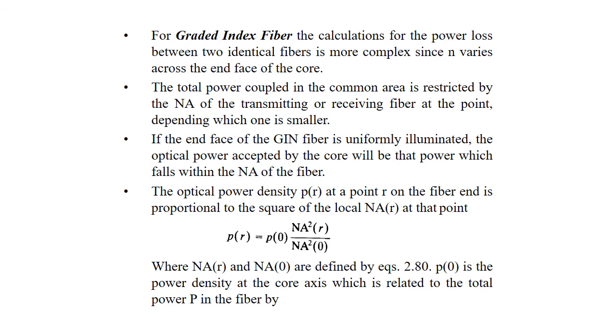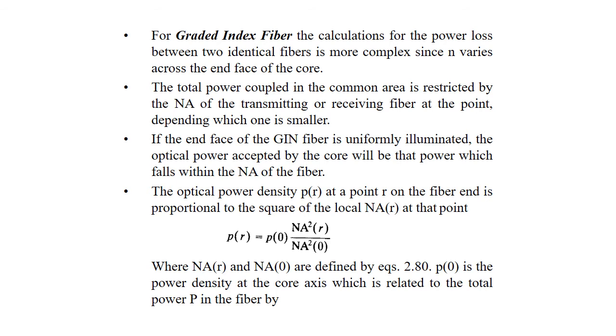If the end face of the graded index fiber is uniformly illuminated, the optical power accepted by the core will be that power which falls within the numerical aperture of the fiber. The optical power density p(r) at the point r on the fiber end is proportional to the square of the local NA(r) at that point. So p(r) = p(0) NA²(r)/NA²(0).